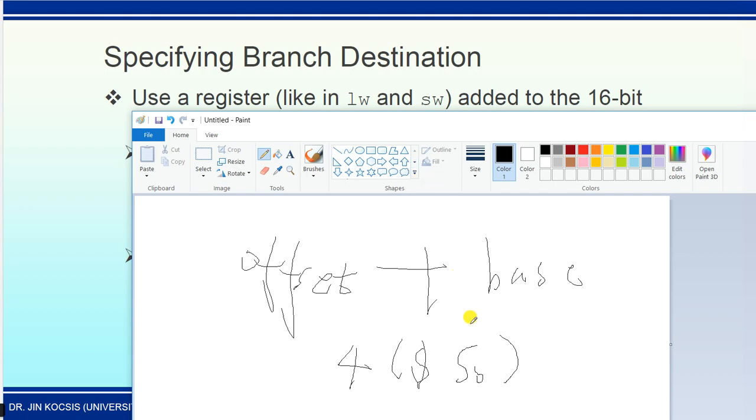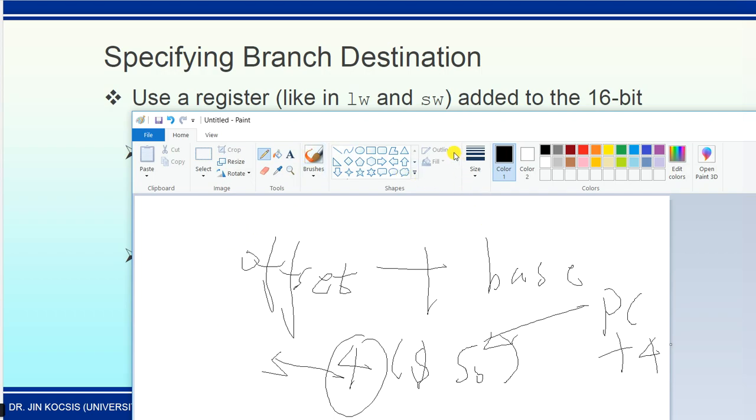With a similar idea, here we can also represent the memory address of the targeted instruction by using the reference address PC plus 4 and the relative memory address.